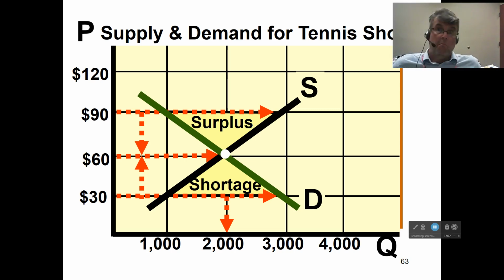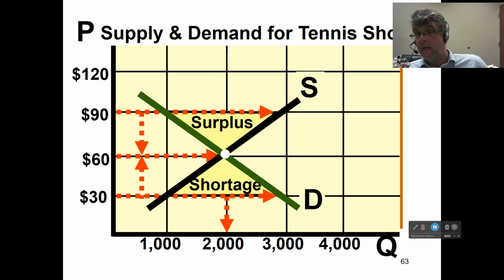I can sell my shoes at a higher price and still sell them all. So in that case, the firm will raise their price. As you raise the price, quantity supplied increases. As you raise the price, quantity demanded decreases, and that will move us back towards equilibrium.